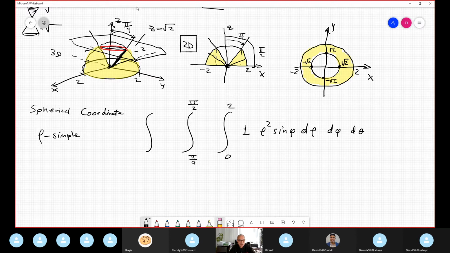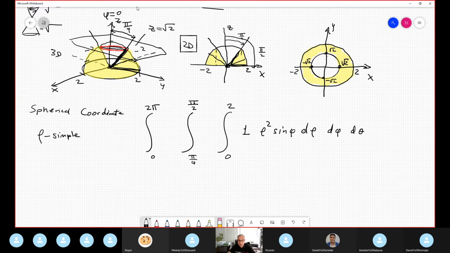So one angle exactly on the Z axis, phi is 0. Phi is 0 here. So my solid goes from this side to this side. It's obvious que theta goes from 0 to pi.